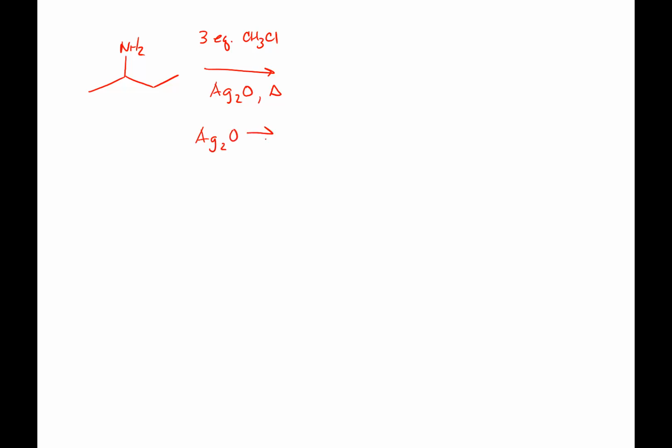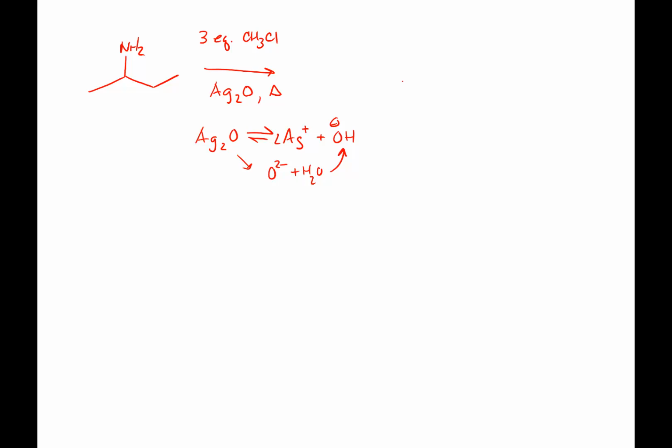Silver oxide dissociates in water to form 2 silver plus ions and a hydroxide. Basically the oxide 2 minus reacts with water to form hydroxide.